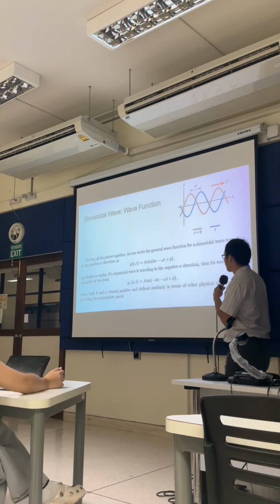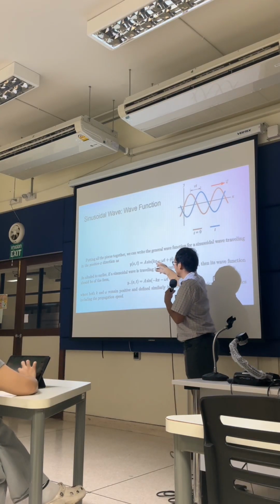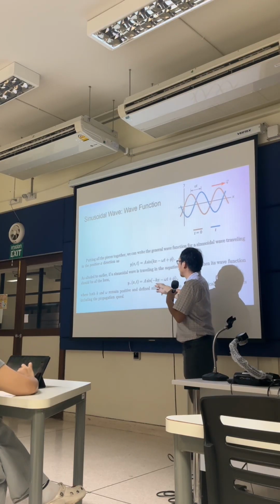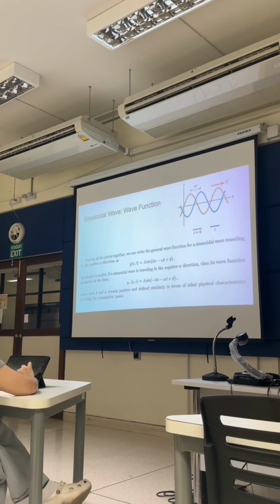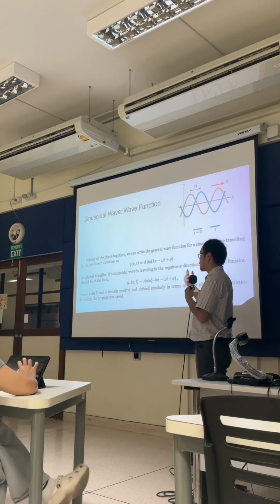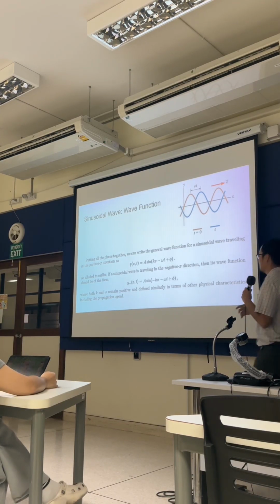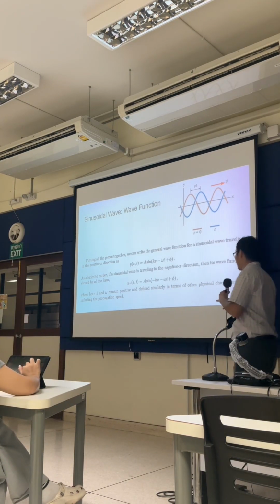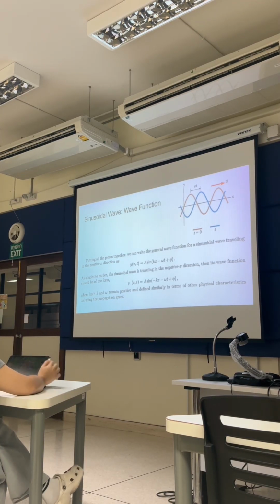Essentially, as promised, we just flip the coordinate and replace x anywhere by negative x, and that should give us the result. Everything else remains the same. k is 2 pi over lambda, omega is 2 pi f, and those are just positive numbers. So you just have an extra minus sign right here. So no big deal, right? Just flip the definition of x.